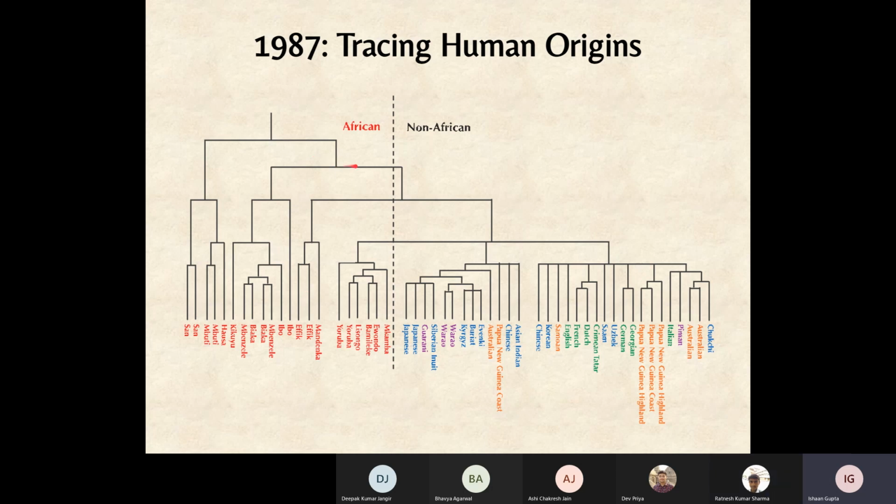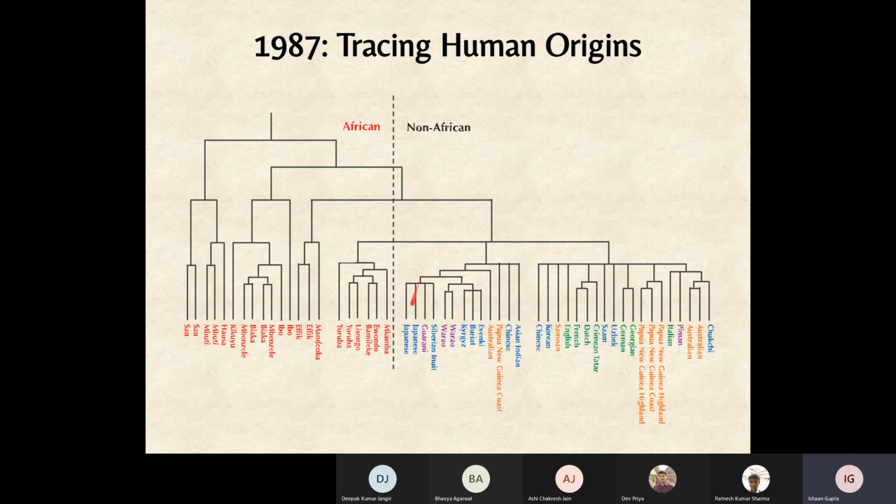Now, if you go down from this tribe, it basically has two parts. One part stayed back in Africa, and this other part looks very similar to people who have gone to other parts of the world.